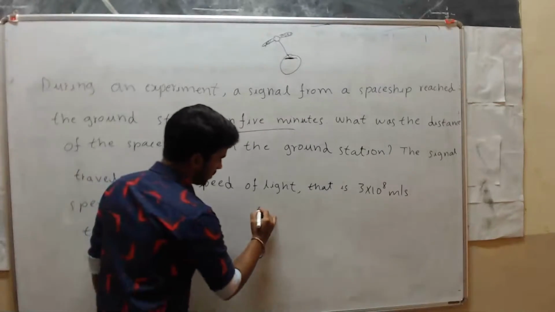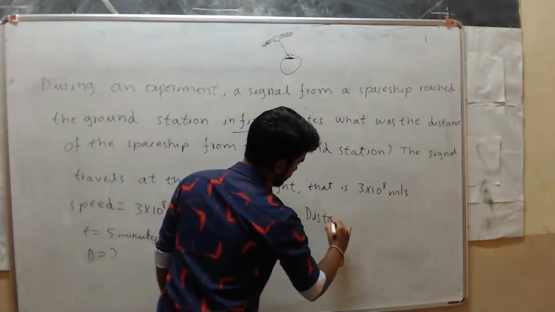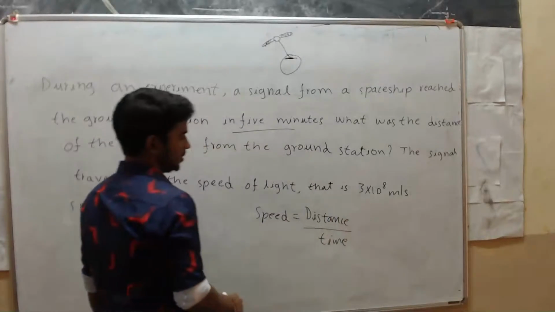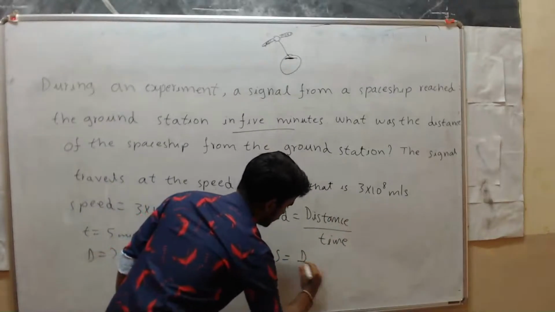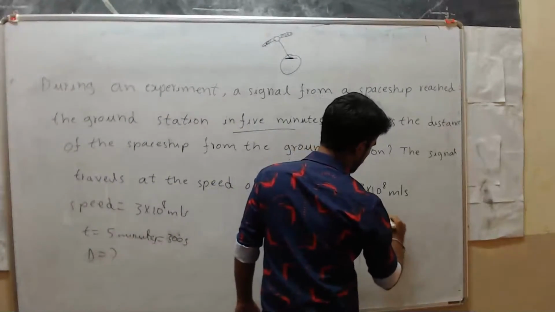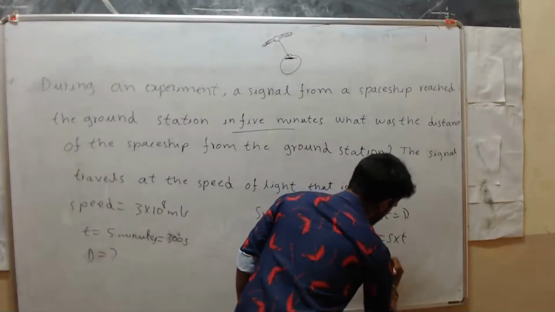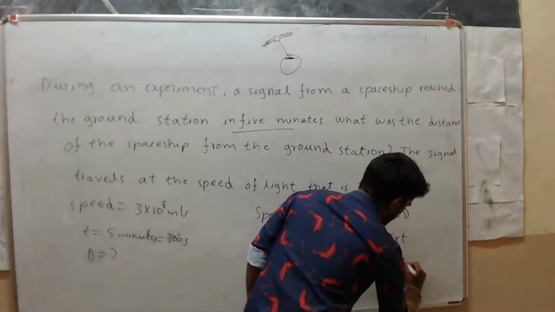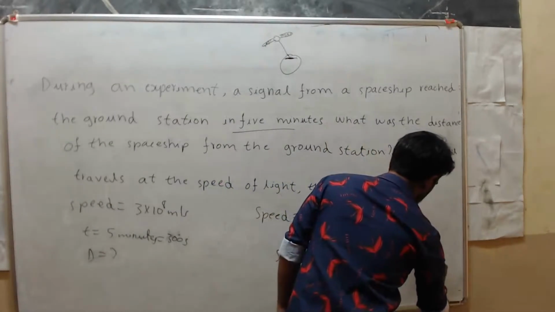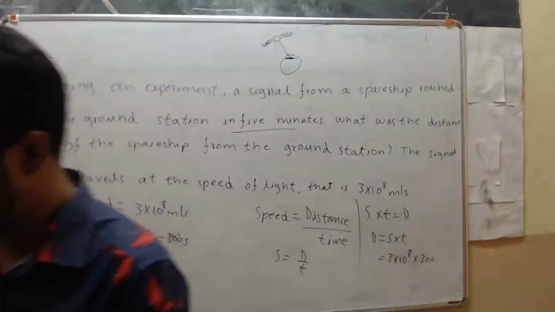We know the formula, speed equal to distance by time, so S equal to d by t. Bring t to this side, so S into t equal to d, or d is equal to S into t. So speed is 3 into 10 raised to the power 8 into 300. Tell me the answer.